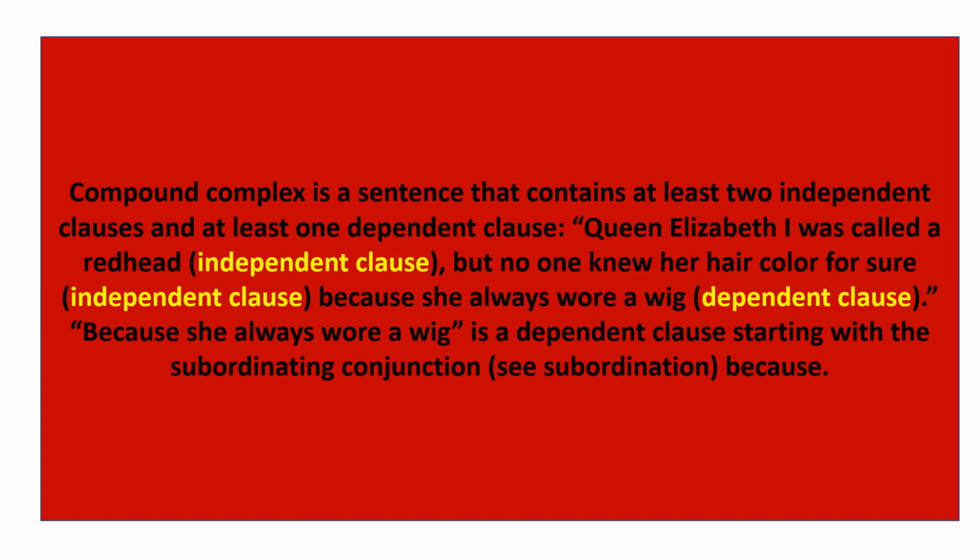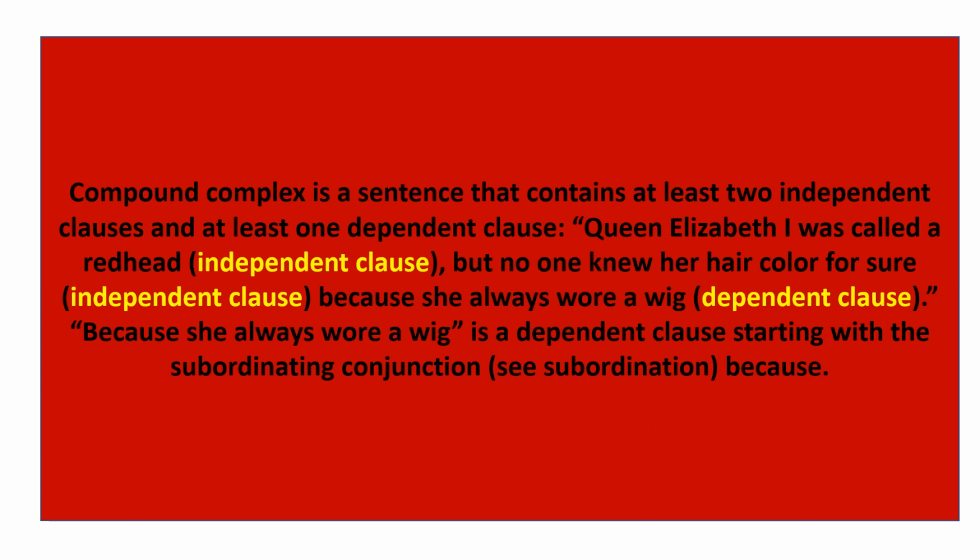Okay, now we have the last category, that is compound complex sentences. A compound complex sentence contains at least two independent clauses and at least one dependent clause. For example, Queen Elizabeth I was called a redhead.